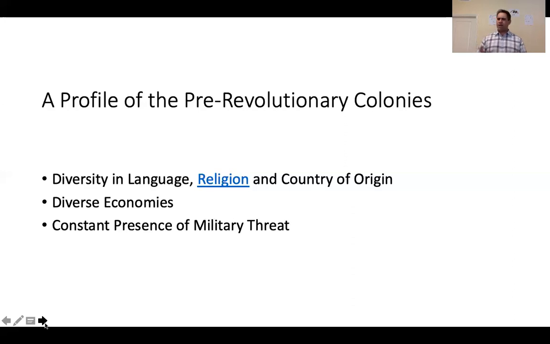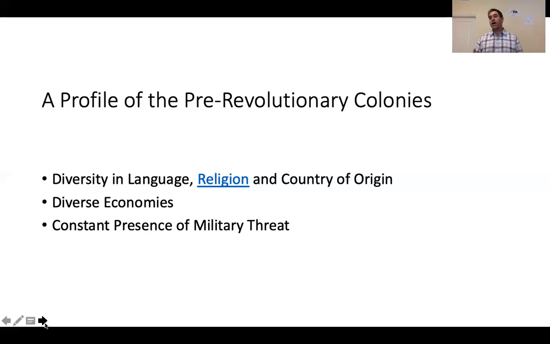Well, my thought is that this really did shape some of the things that show up in the American Constitution. Specifically, what's left out. So, if we're going to flash forward a little bit, we might ask ourselves, why did our founders choose to leave a national language out of the Constitution?